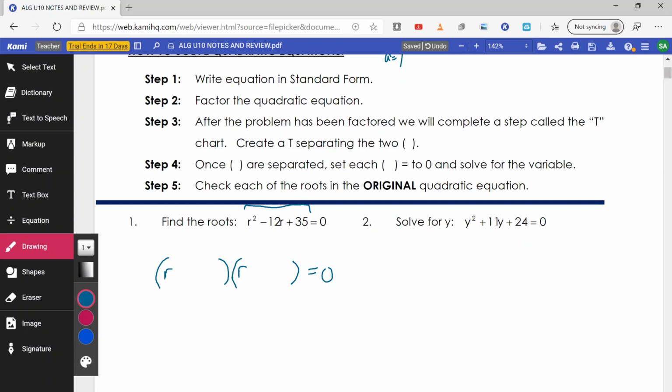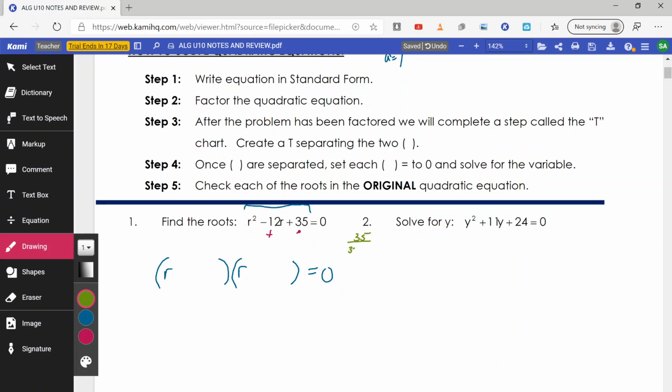Now I got to come up with the two numbers. The two numbers must do two things. First thing, they have to multiply to 35, and they have to add, in our case, to negative 12. So we just list off some factors of 35. How do I get 35?